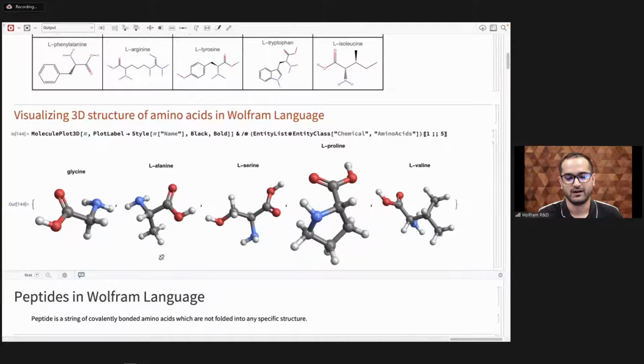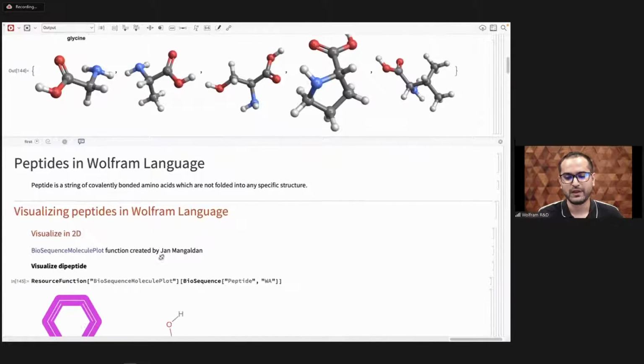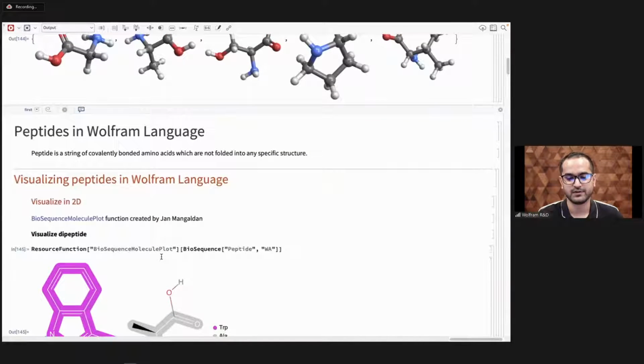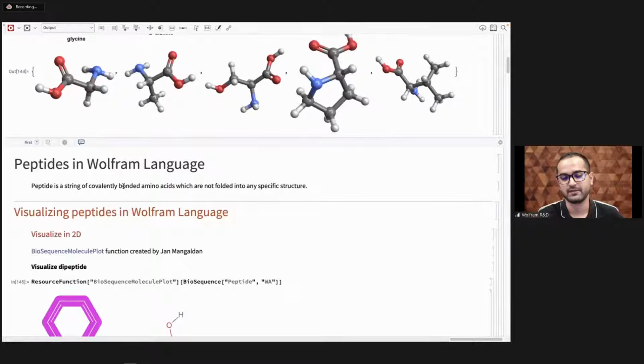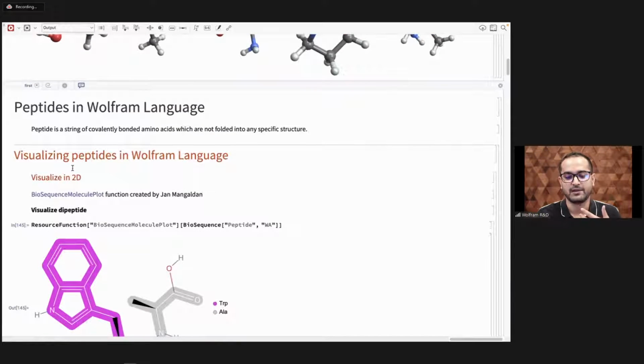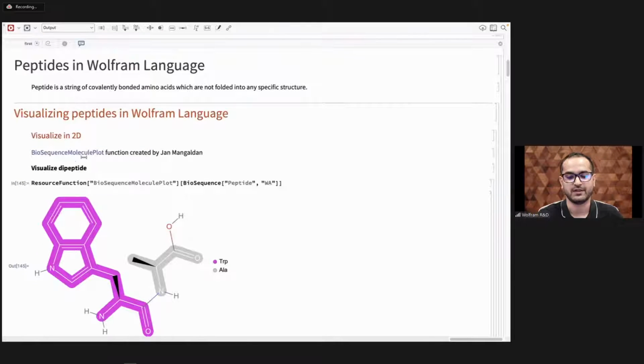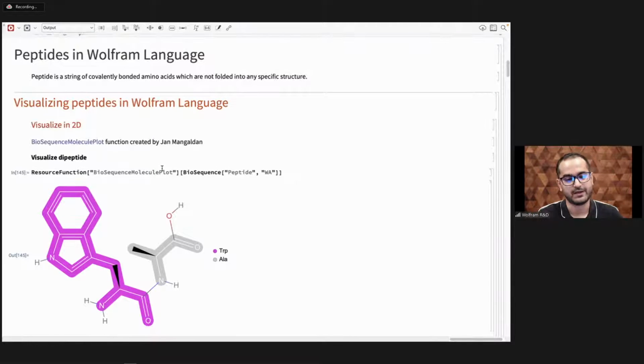Moving on, when amino acids are covalently linked together, these are called peptides. And peptides do not have any specific structures like proteins. That's one of the main differences between peptides and proteins. You can visualize peptides in the Wolfram language in 2D using this resource function created by Jan of my team.